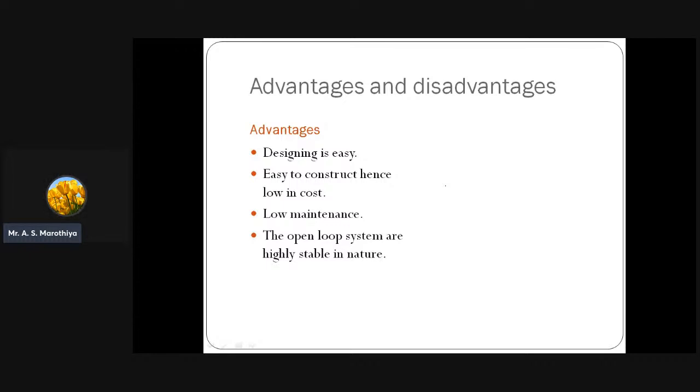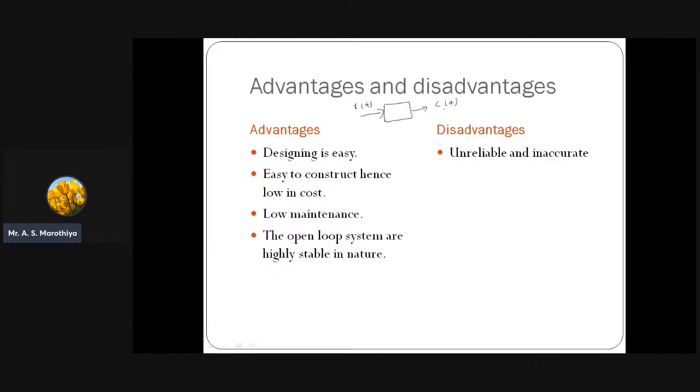Now let us try to identify what are the disadvantages. Number one, it is unreliable and inaccurate. Why is it unreliable and inaccurate? Because, suppose you have a system and we design this particular system for some objective. For example, if you apply some input to this, based on this the system must generate some output, which is nothing but C of t.